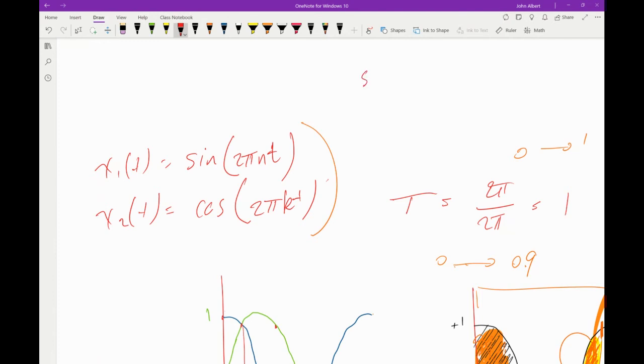Meaning, plug in, for example, if someone asks you, sine 2 pi 5t and cosine 2 pi 7t, are they orthogonal? Yes. Trust me on this. Multiply them and integrate them over 1 second, you get 0. Okay? Change the 5 in here to 9 and change this to 3. Are they orthogonal? Yes. And so on. Put any value in here and any value in there, they are always orthogonal.